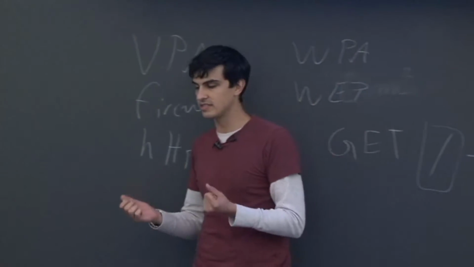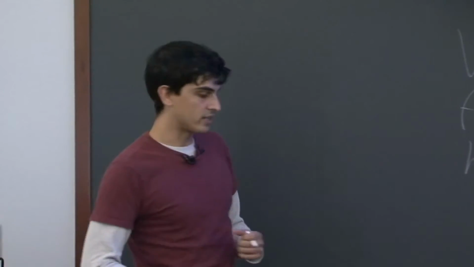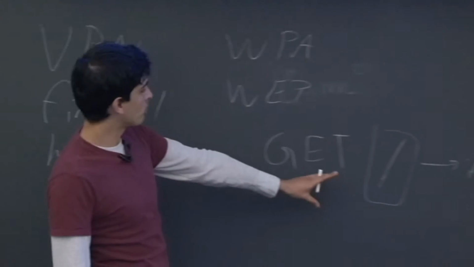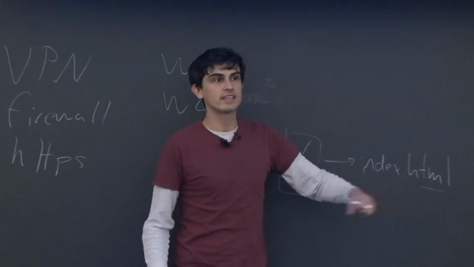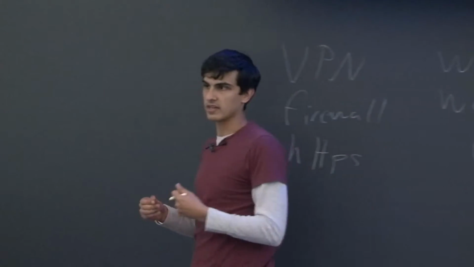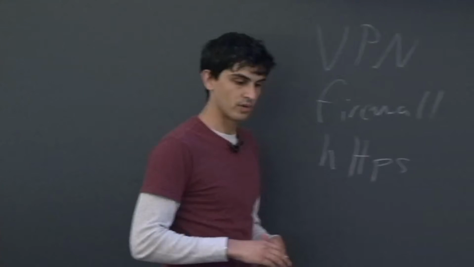So it's two distinct things, and it's important to keep the two separate. Okay, so as soon as my computer has requested the slash or the index.html, the server sends that data back to my computer, and then I'm able to display that web page on my computer.